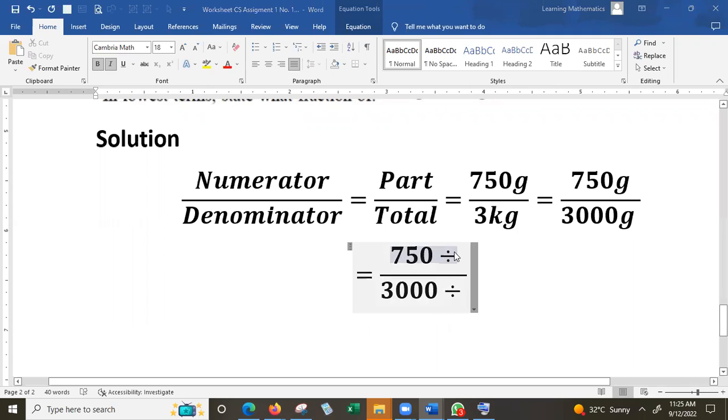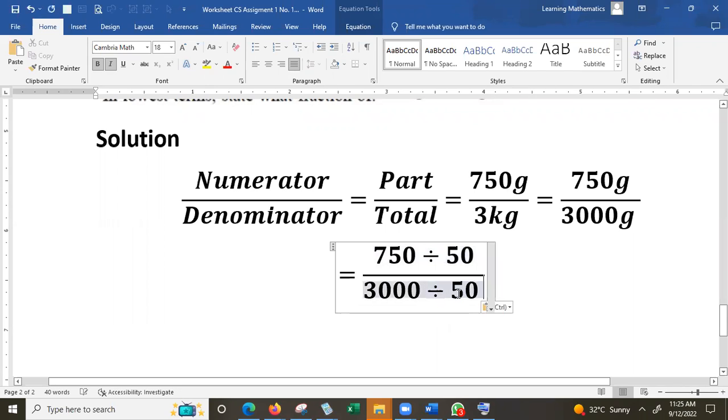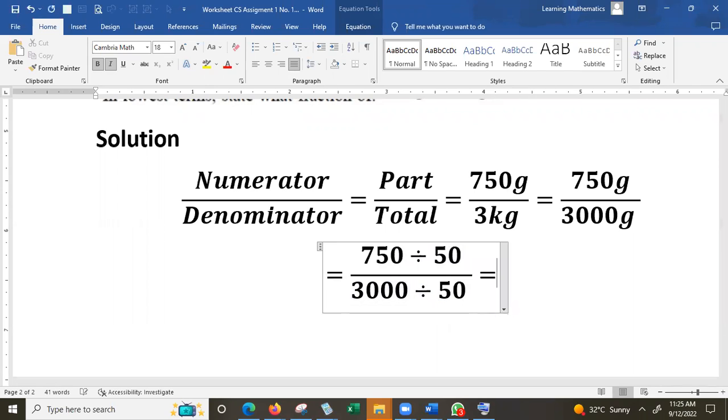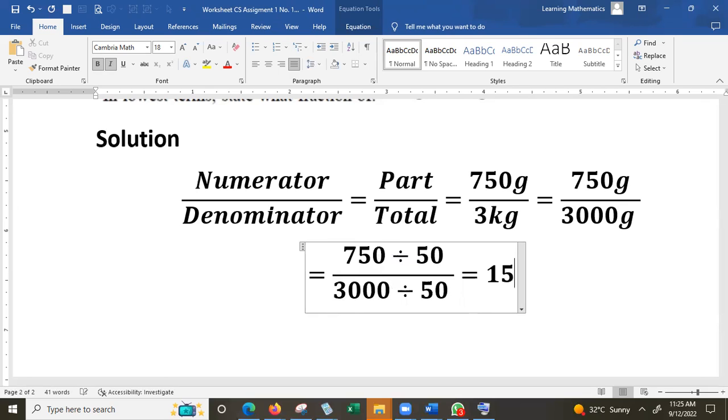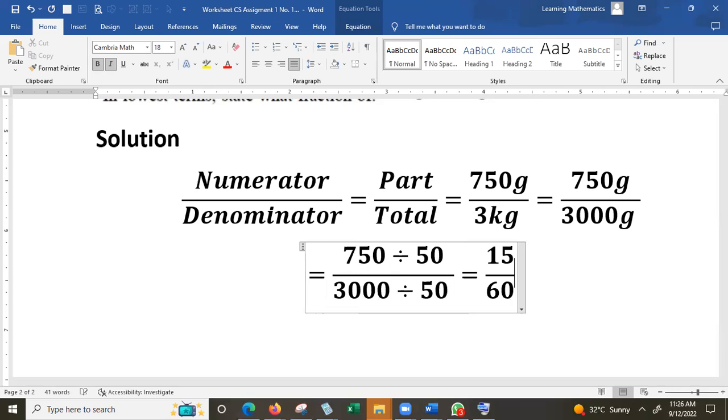So we have to divide 750 by 50, and we have to divide 3,000 by 50. 750 divided by 50 will give us 15. And 3,000 divided by 50 will give us how much? But if you notice, 15 over 60 can still be simplified.